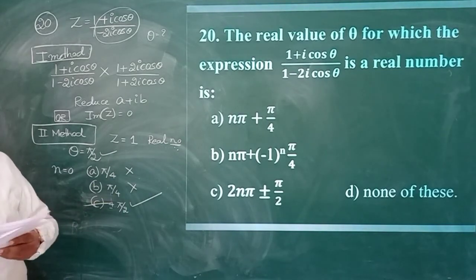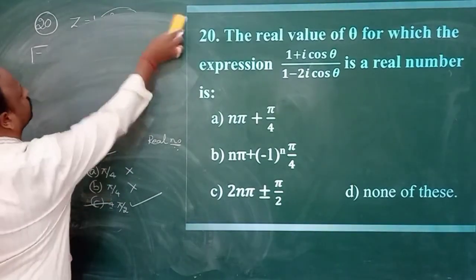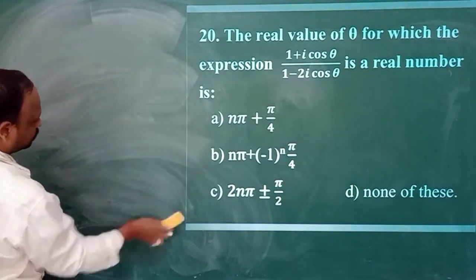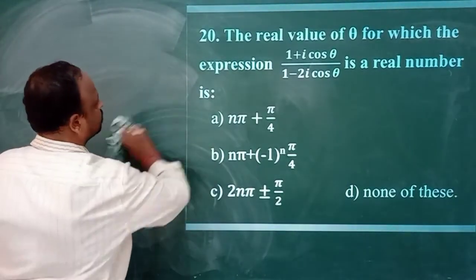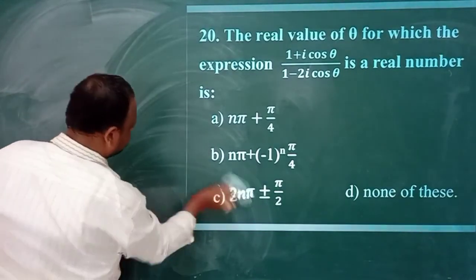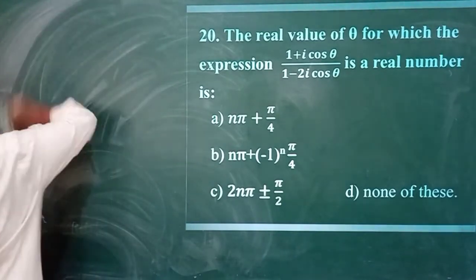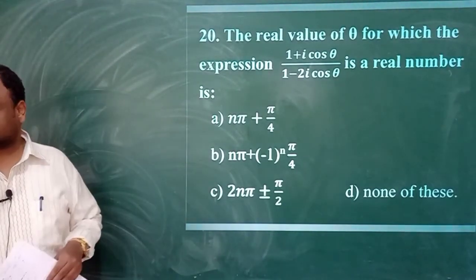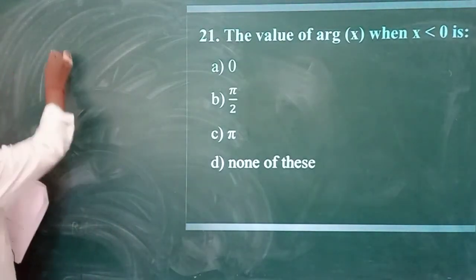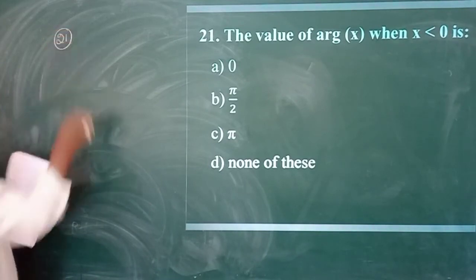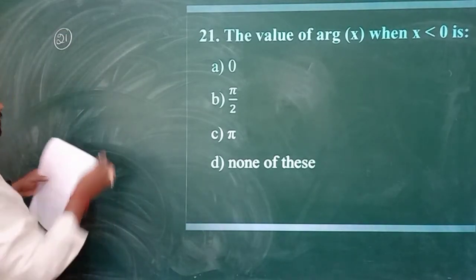So we'll go for next one. Question number 21. The value of argument x when x is less than 0.